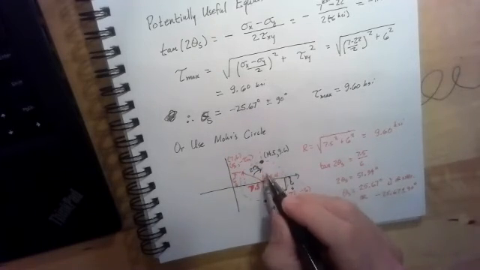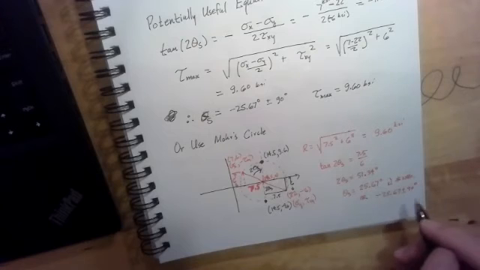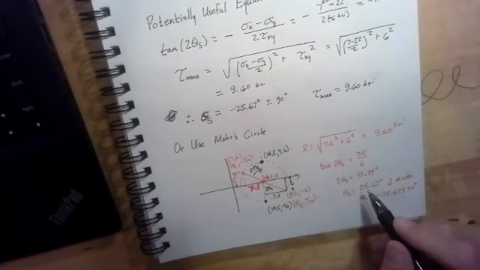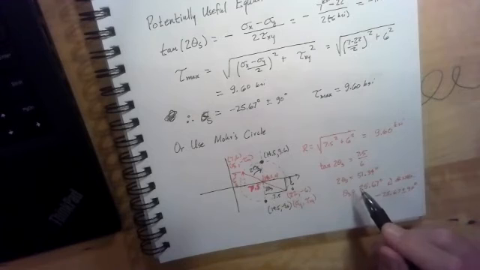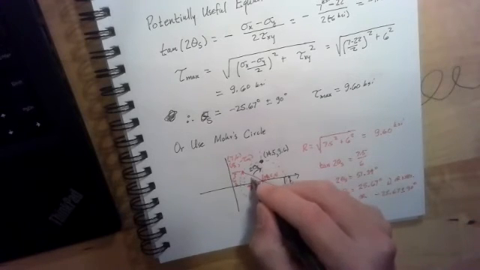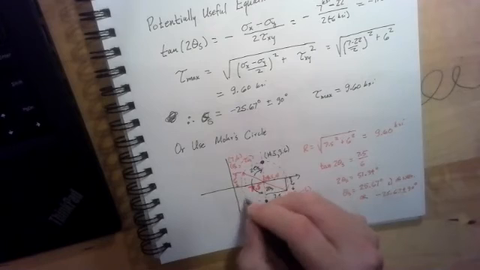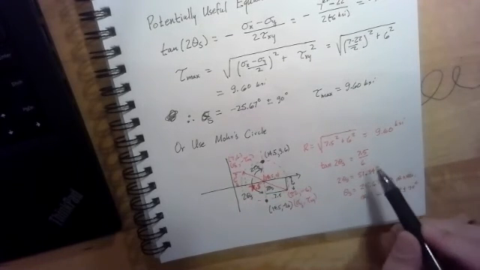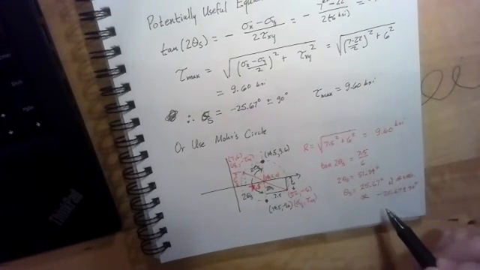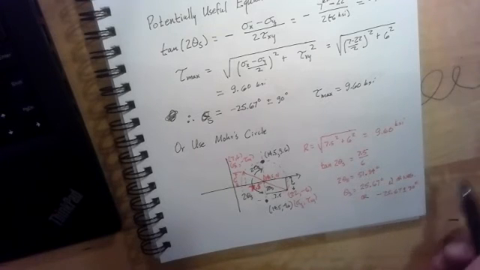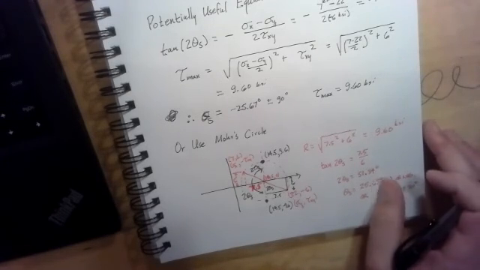And since it's a clockwise rotation, it's a negative angle. So for the other one, for the counterclockwise one, it would be this angle through here. And this would also be 2 theta s. So you would have negative 25.67 plus 90 degrees.